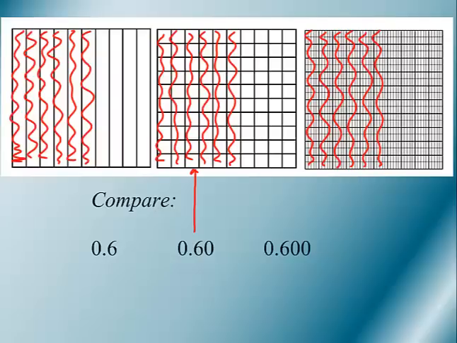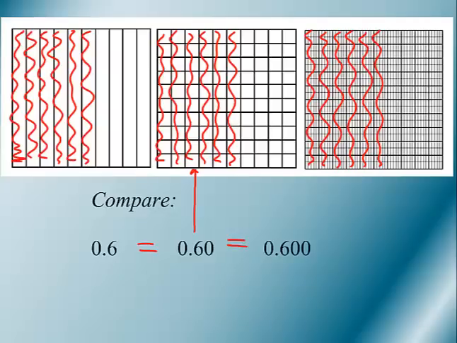All we did was cut the pieces into smaller pieces. On the left we have the tenths, and then we cut each of those into 10 parts to make hundredths, and we cut those hundredths into 10 parts each to make thousandths. So these would all be equal to one another.